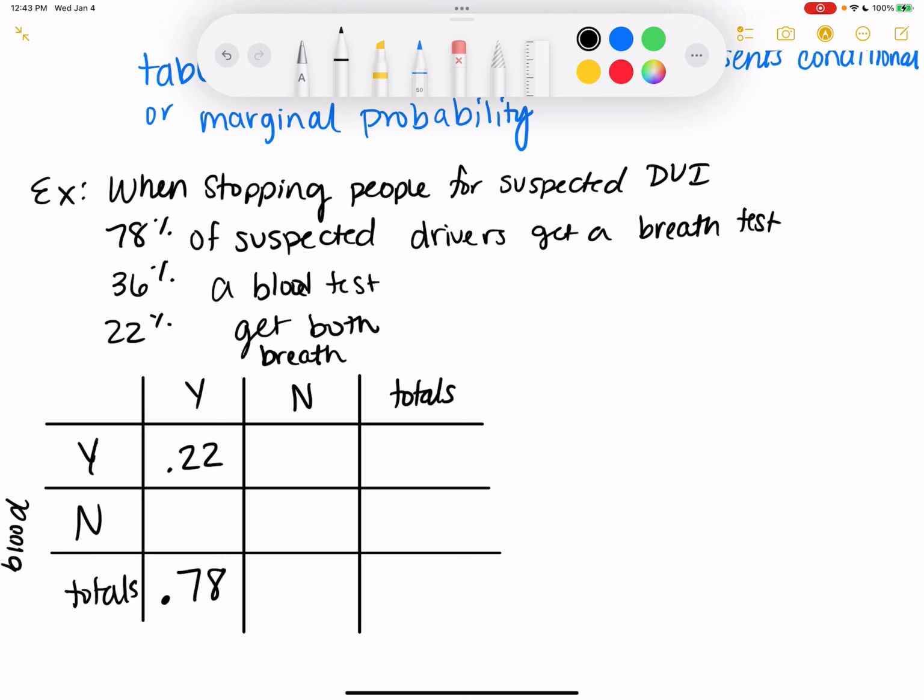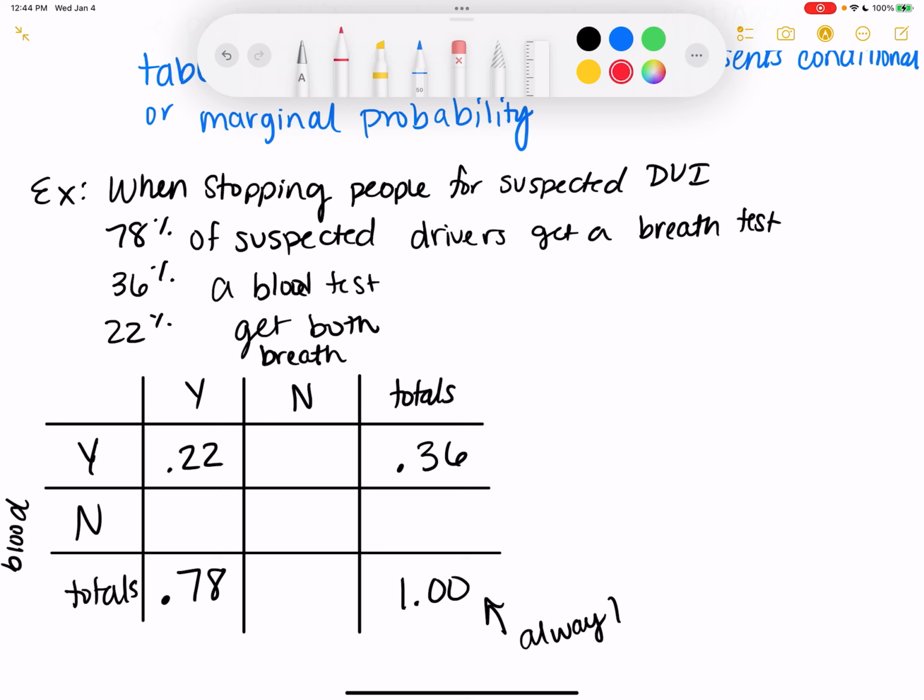So 0.78. And then the blood test, 36%, so that would go in the total yes for blood, which is 0.36. And we know the total when everything is added up should be equal to 1, because probabilities always have to be 1. So we need to find these other 5 things, basically.